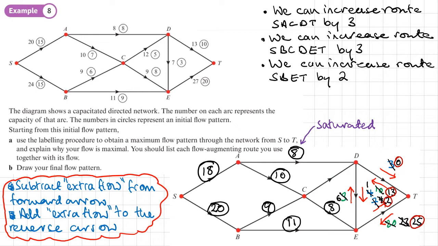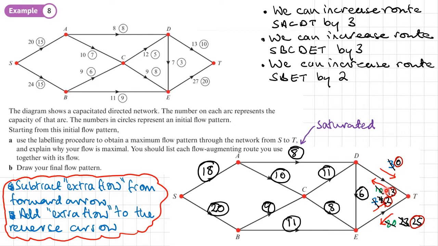So you've got to take care with your working, writing things out. It's easy to make a mistake if you're not careful. D to E, that has a value of 6 on its reverse, so the new flow is 6. I think that was part of it there, so 6. D to T, this is going to be 13.